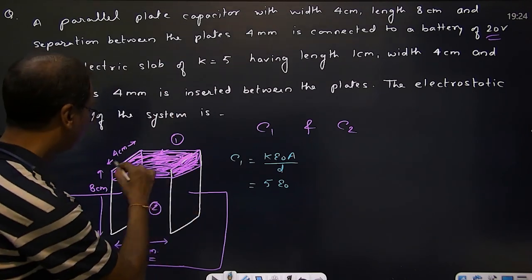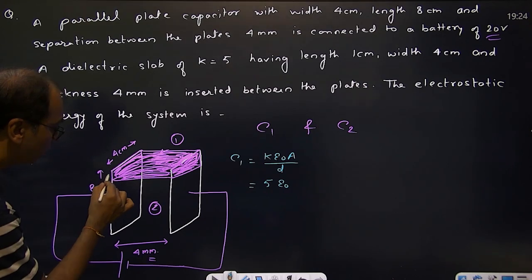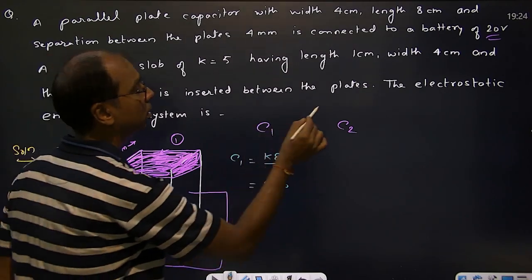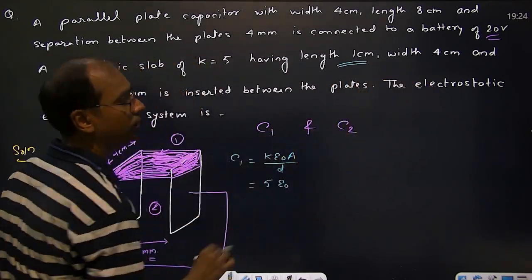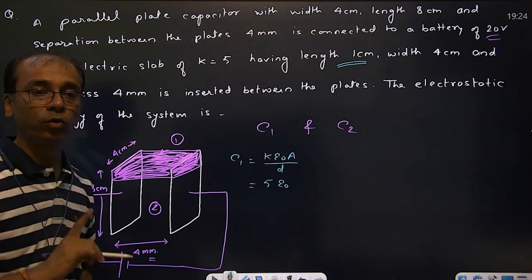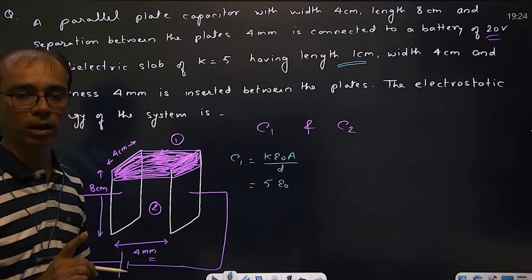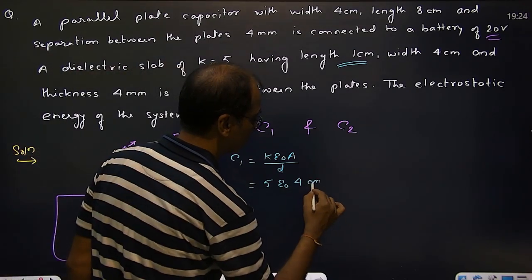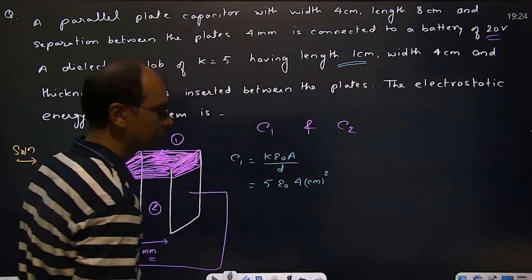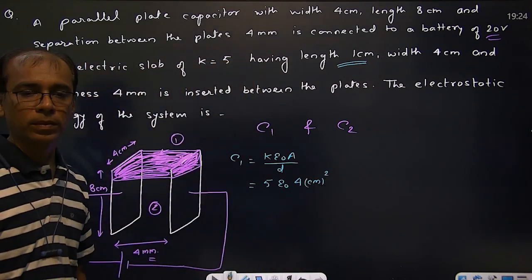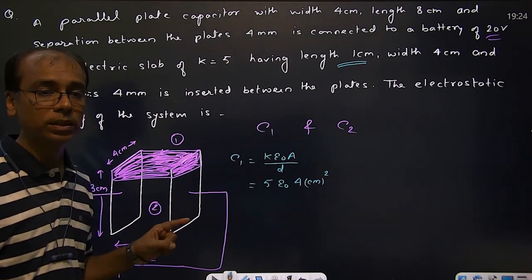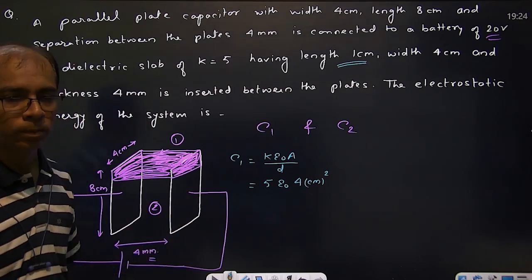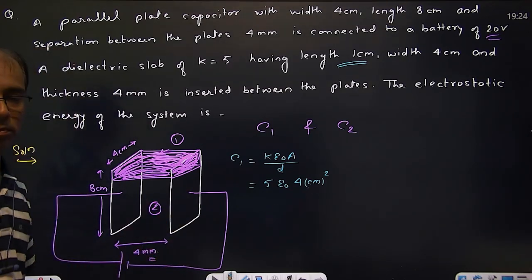This is 4, and he said this is 1. Length is 1 he has given, and width is 4. So what is its area? 4 into 1, 4 centimeters square. We can convert this into meter, but at the moment let's write. After that we'll do. D is what? 4 mm.